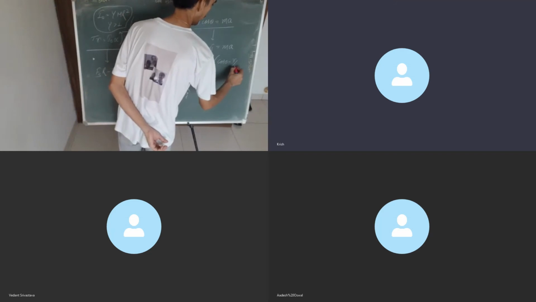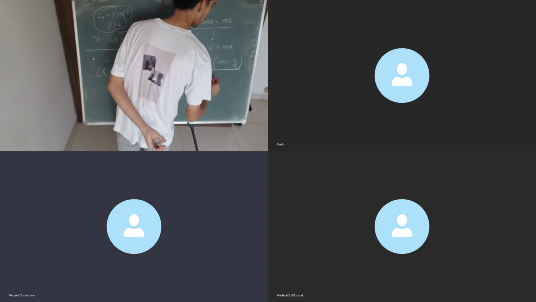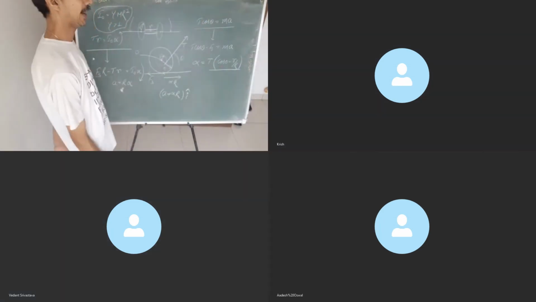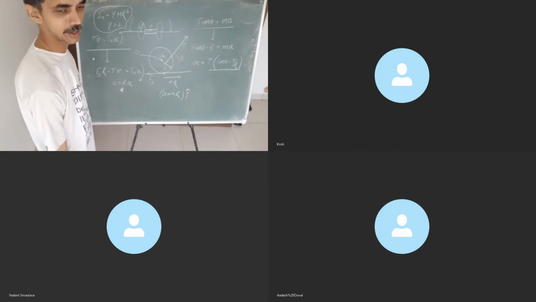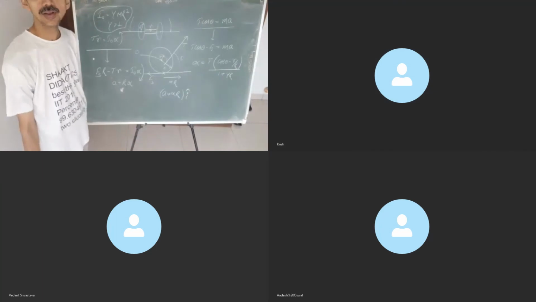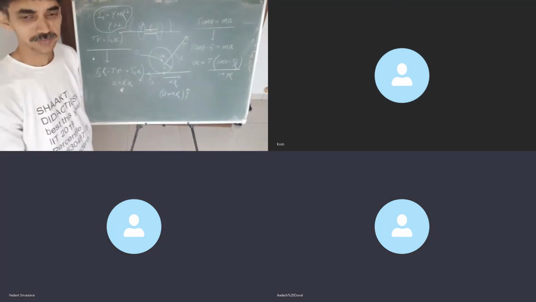Okay, just asking, can we reshape it to this form, dear? T cos theta, small r by capital R, divided by m R plus gamma R square. Is it so? Just check.